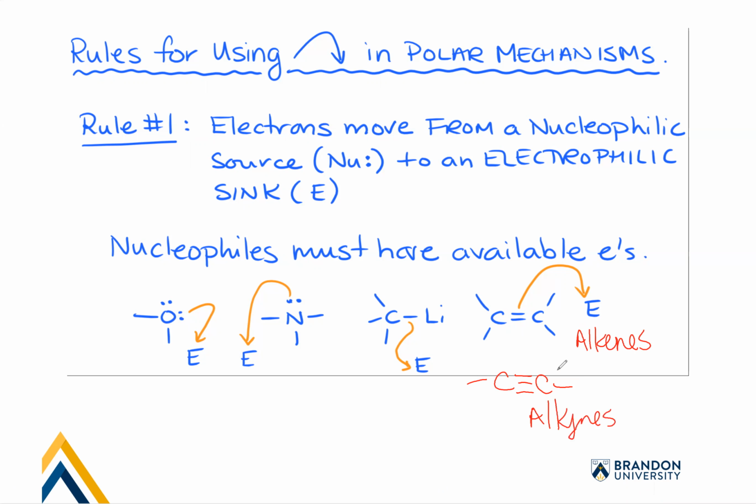One of the interesting things that we're going to see here is that we don't see a similar type of reaction with ketones, for example. These electrophilic reactions that we're going to talk about happen between bonds that aren't polarized themselves.